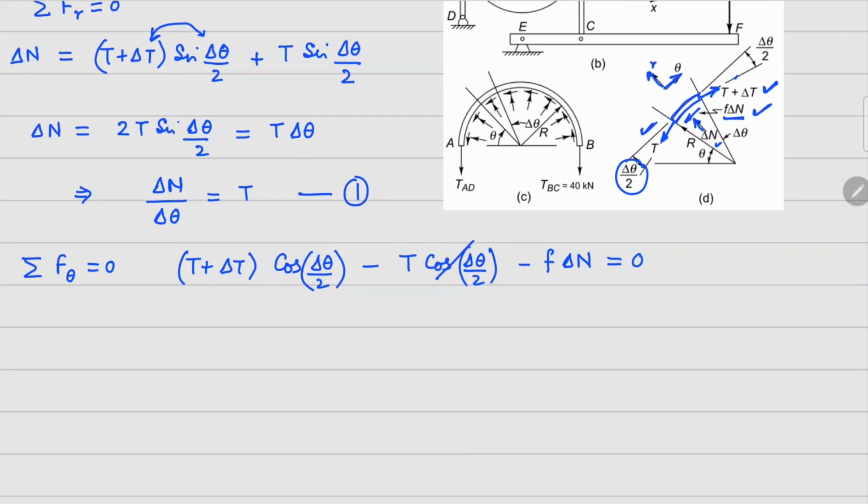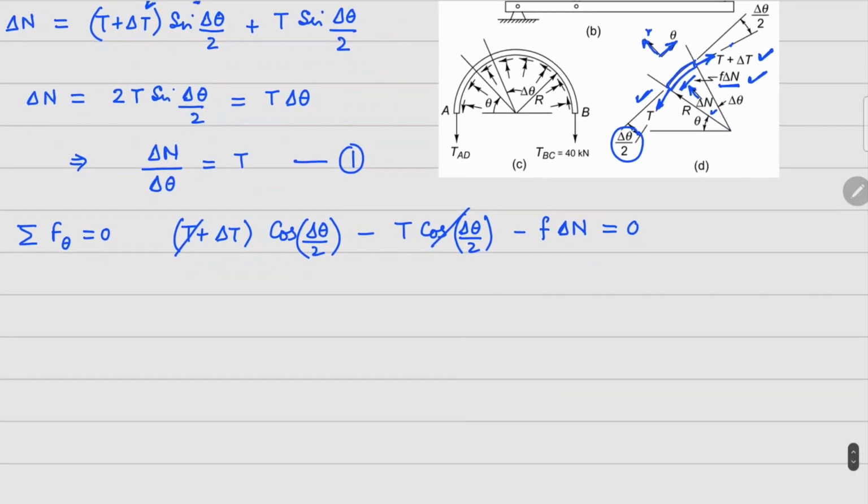Here you can notice this term will cancel out with this term, and if you approximate cos delta theta by 2 for small angles as 1, we get delta T is equal to F times delta n, or delta n is equal to delta T divided by F.